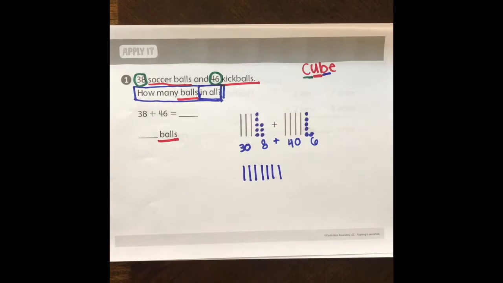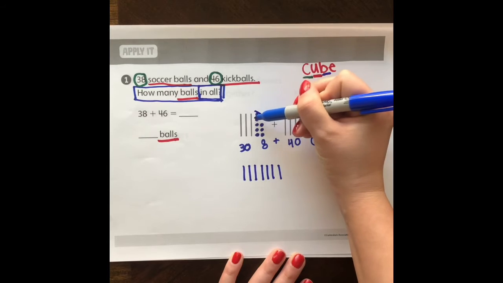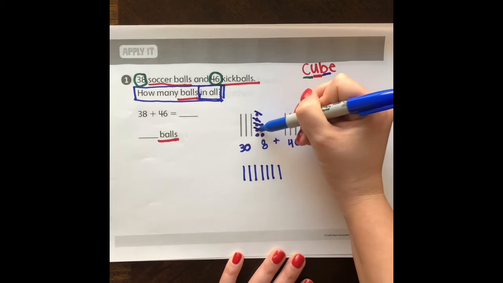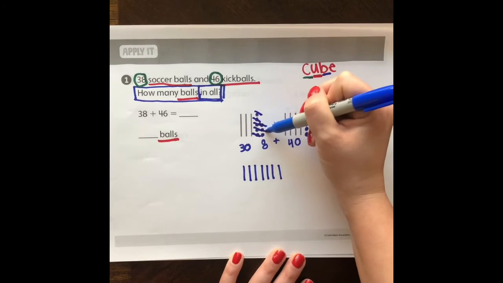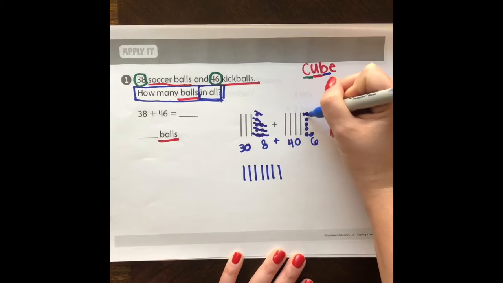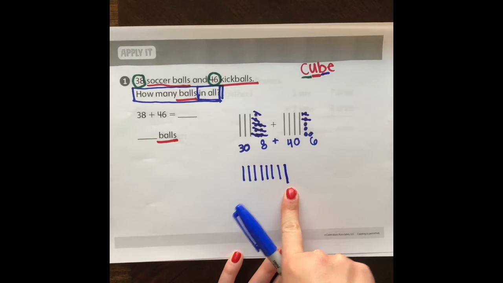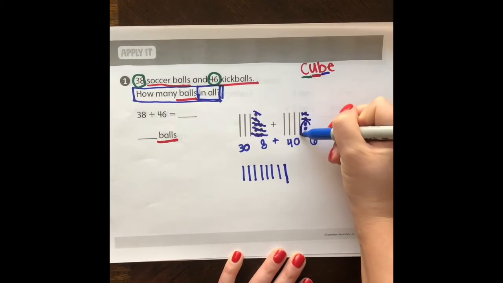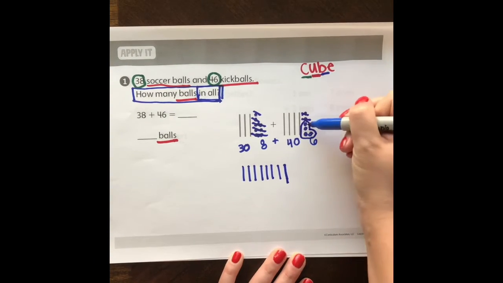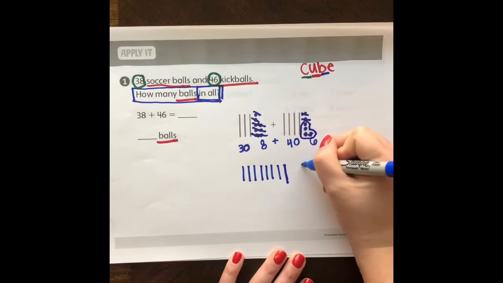And now let's count our ones, friends, and see if we can end up combining our ones to make a new 10. 1, 2, 3, 4, 5, 6, 7, 8, 9, 10. We did have enough to make an extra 10, so I added that here. And how many do we have left over? How many ones? 1, 2, 3, 4.